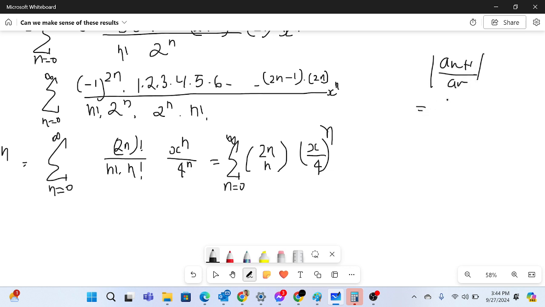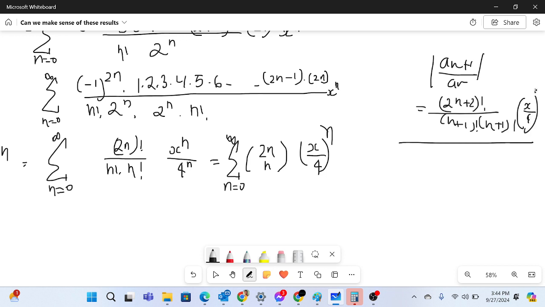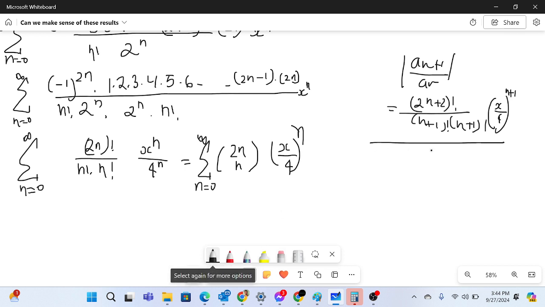So what you will get is (2n+2)! by ((n+1)!)^2, times (x/4)^(n+1), divided by (2n)! by (n!)^2, times (x/4)^n.